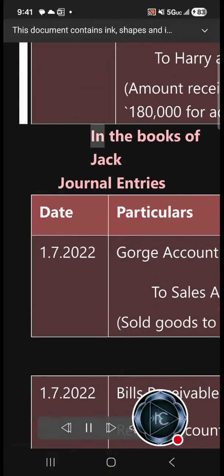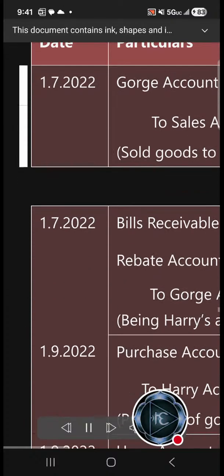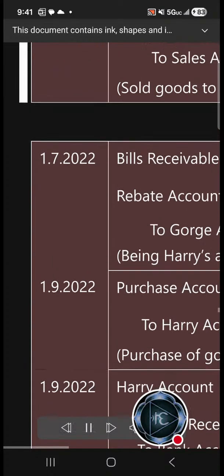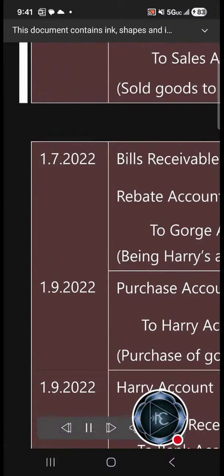In the books of Jack, journal entries. Date, particulars. Gorge account Dr. 181,000 To sales account. Sold goods to Gorge. 181,000.